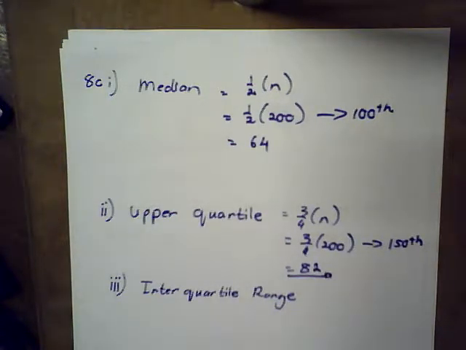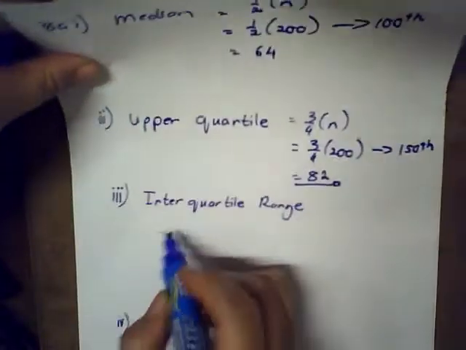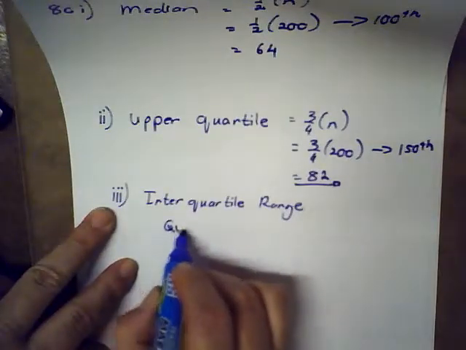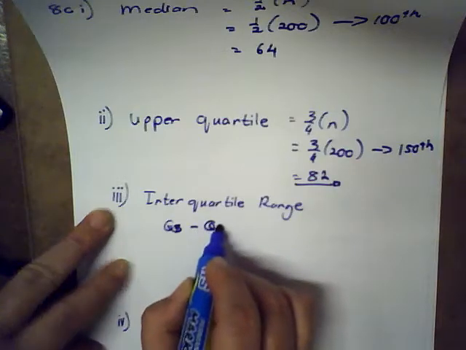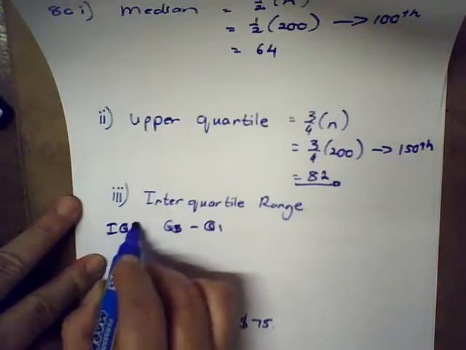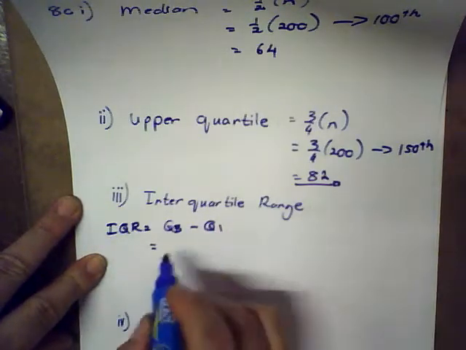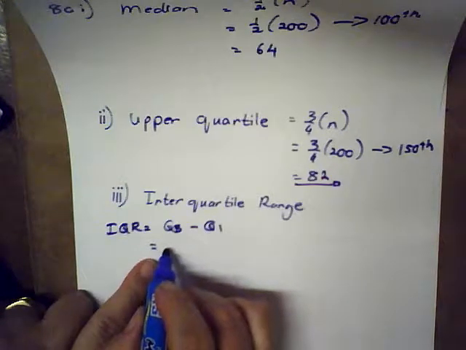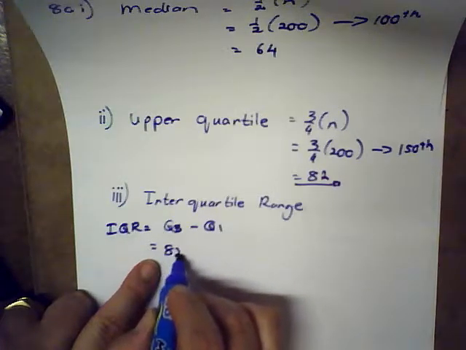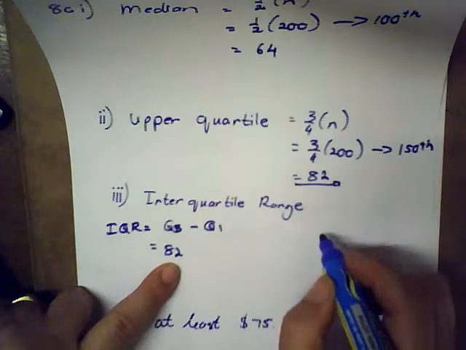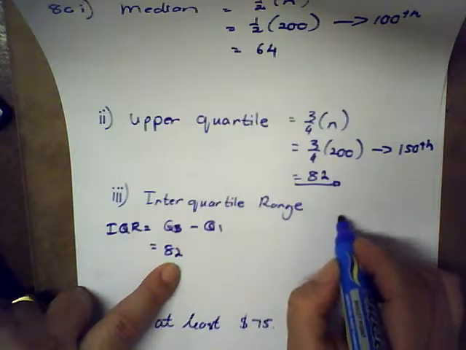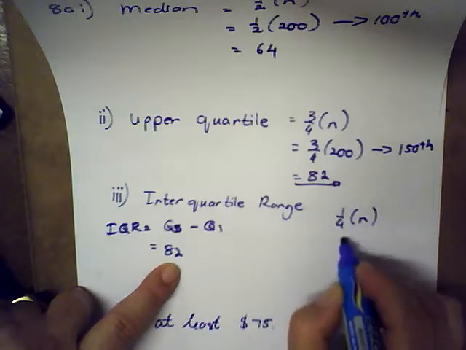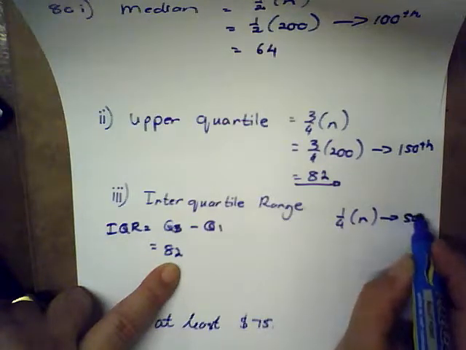Okay, the next one is the interquartile range. My interquartile range we know is Q3 minus Q1, interquartile range. We've already got the Q3, that would give me 82. That's the upper quartile. Then Q1 is just a quarter of n. That would give me the 50th number.